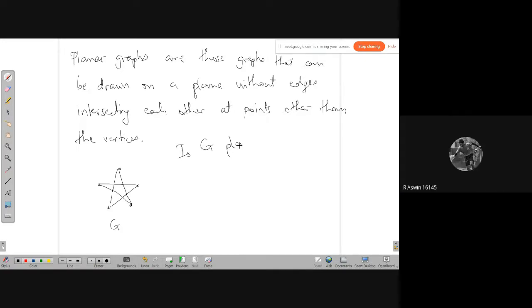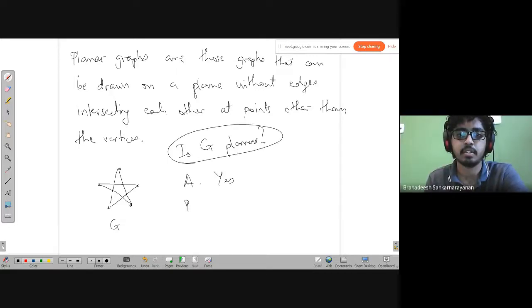No. Option A, yes. Option B, no. We certainly have one vote for no. Okay. Does anyone want to disagree with that? The definition is right on top. Those graphs that can be drawn on the plane without edges intersecting each other at points other than the vertices.